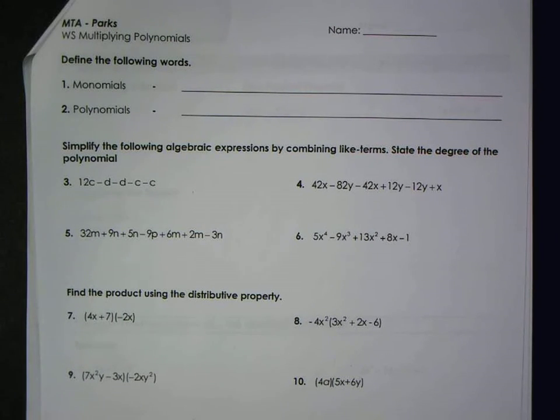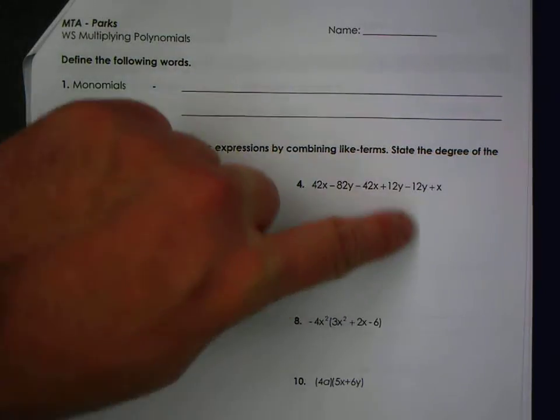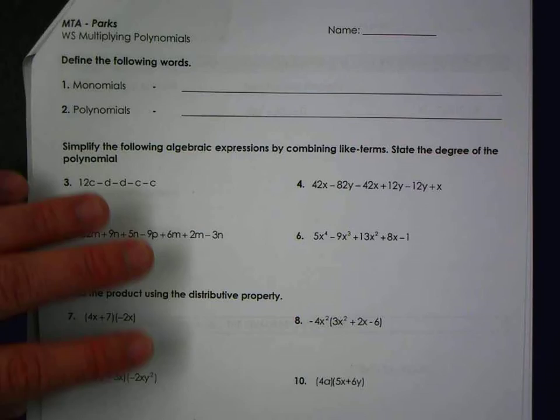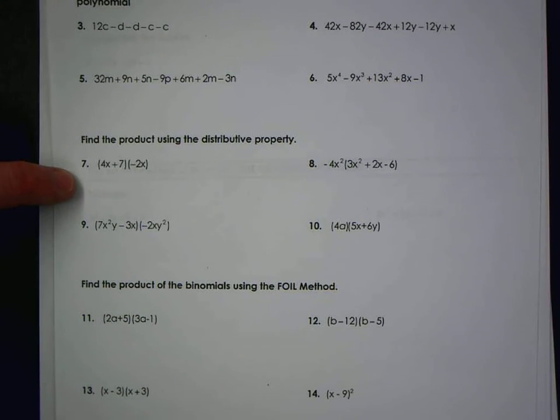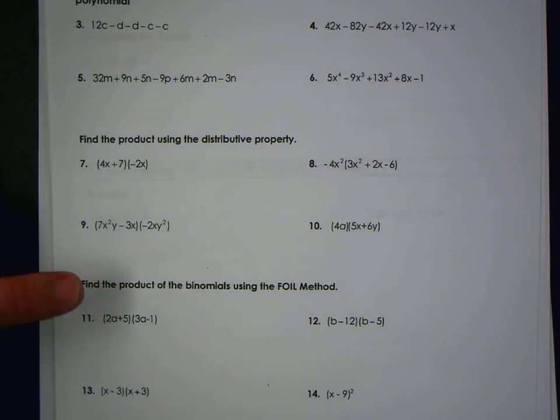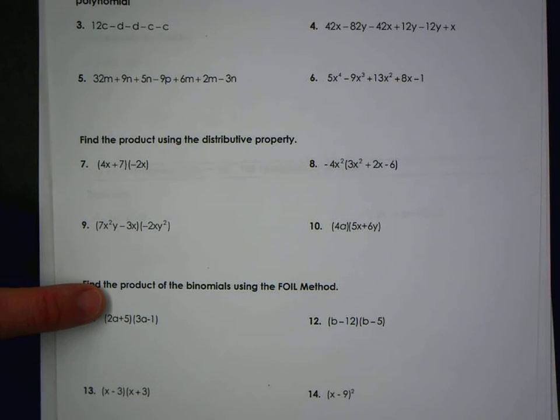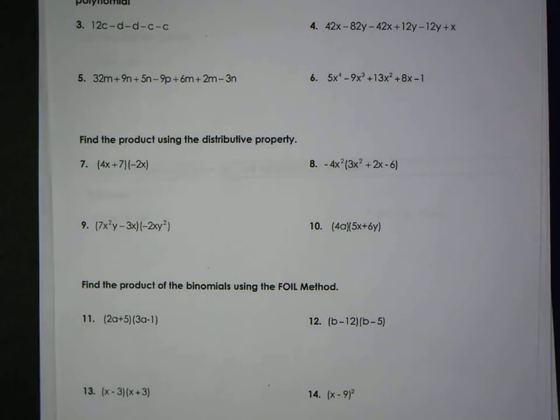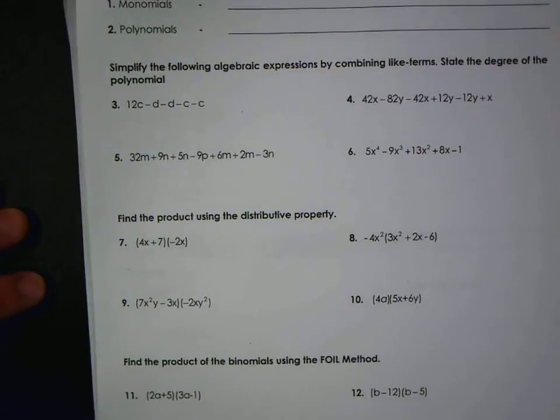Number 1 is to define these words. 3, 4, 5, 6 say simplify by combining like terms. So there's no multiplication going on here, you're just combining like terms. 7, 8, 9, 10: multiply using the distributive property. I don't really care which way you do it, just find the product. Here, find the product using the FOIL method. Again, I don't care which method you use, just find the product. And that's it. Okay, that's all I have for today.